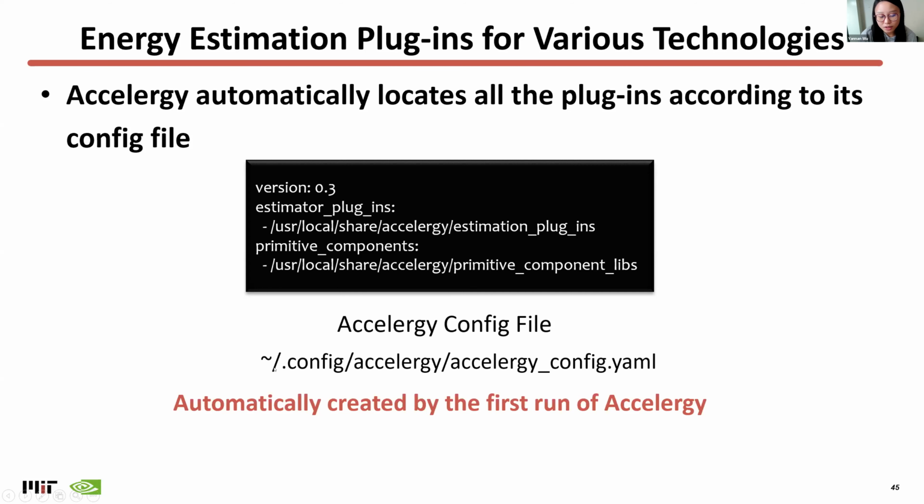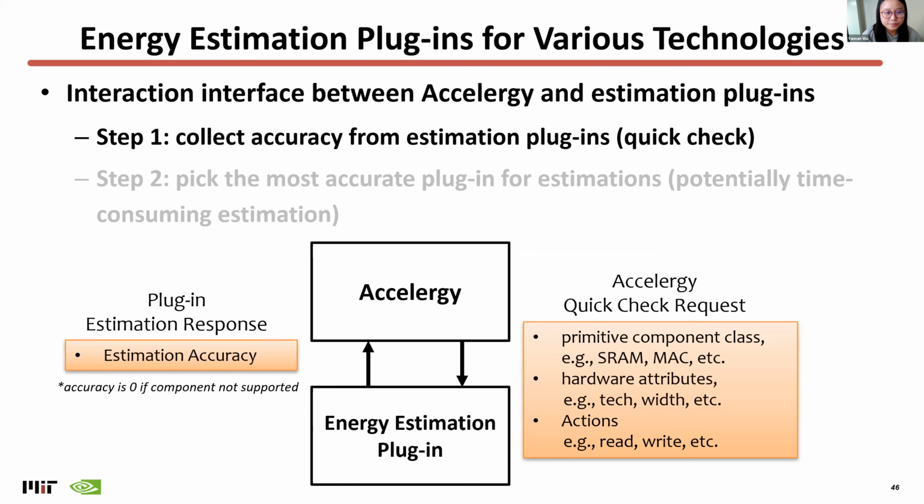It probably depends on your system, but it's stored in the .config folder of your system. In here, we're specifying the paths to the energy estimation plugins. For the default plugins, once you install the plugin, this path will be automatically updated inside the Accelergy config file, so Accelergy will be able to locate all of the installed external energy estimation plugins.